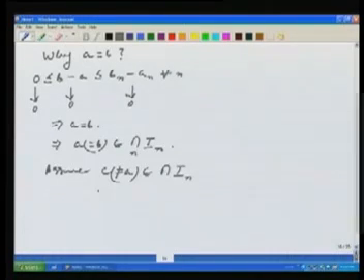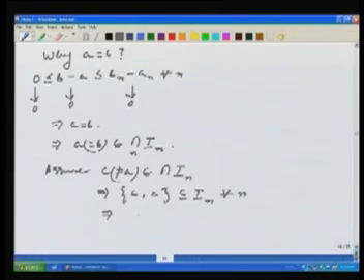It means the set A and C is contained in In for all n. This implies that Bn minus An, which is the length of the interval, is certainly bigger than or equal to C minus A for all n.